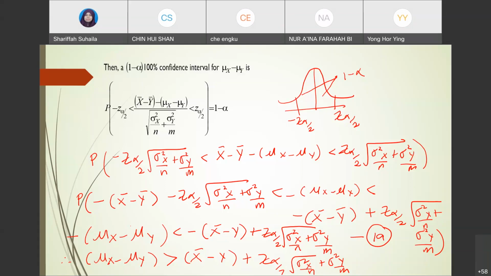Kalau saya ada salah plus minus ke situ. Ataupun kalau kamu nak mudah, kita susun sebelah sini je lah. Sebab kamu nak ada mu x minus mu y, so bawa ke sebelah kiri, sebelah kanan je lah negatif tu. Saya buat cara yang panjang pula. Sekejap ya, saya padam balik. Okay.